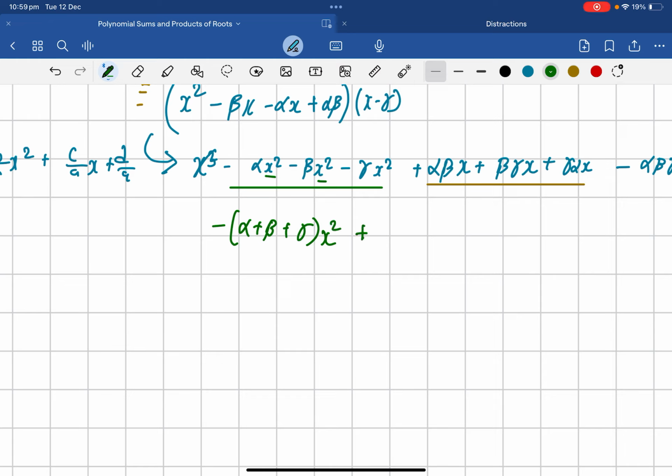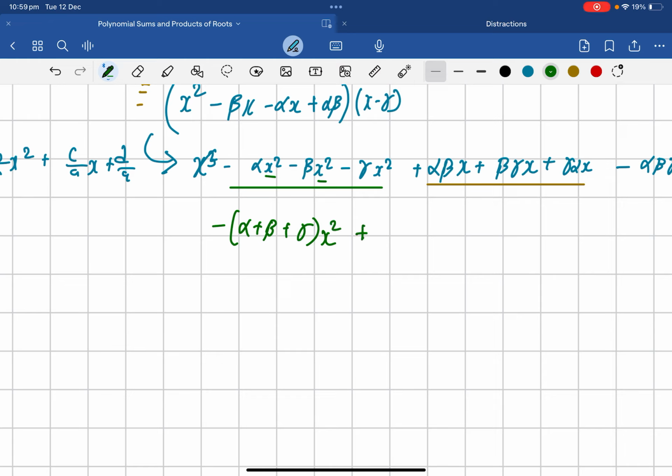Okay? Because from here, you can see that this green bit that you highlighted here is plus b on a x. This orange bit that you highlighted here is c on a of x. And this is just d on a. Okay?